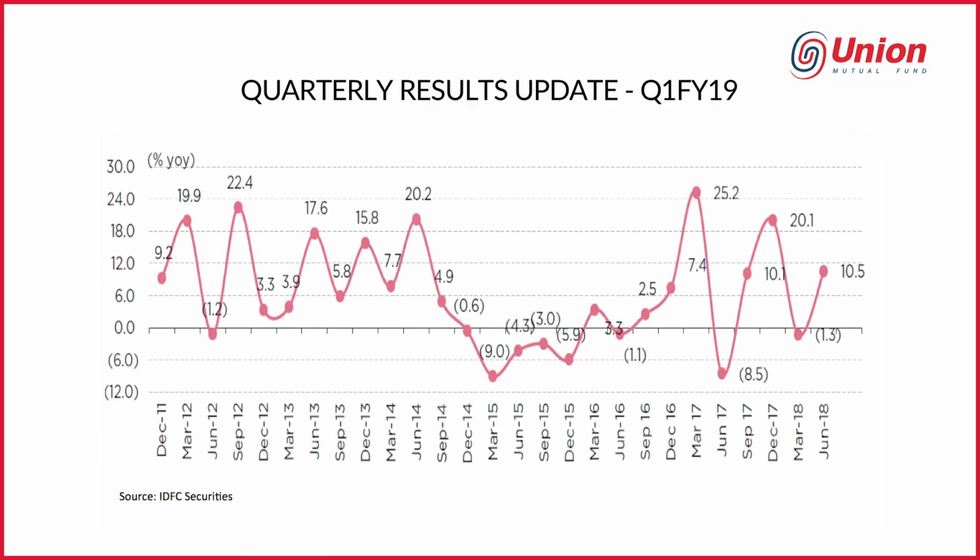The Q1 fiscal year 19 profit after tax for Nifty companies increased by about 10%, significantly lower than market expectations of 20%, predominantly because of losses posted by some of the banks.